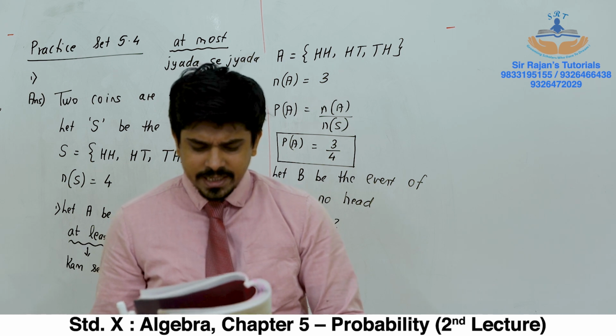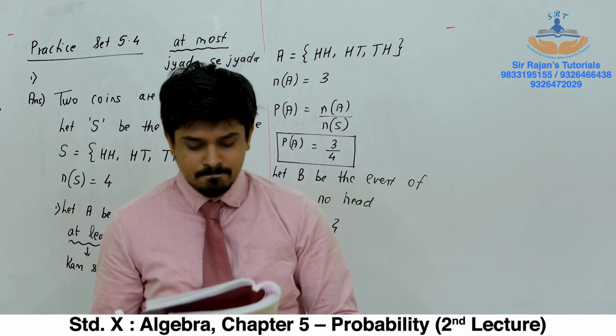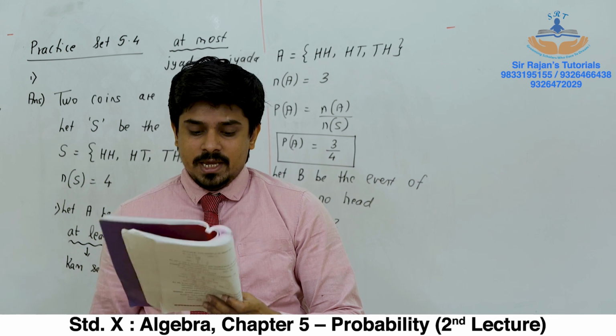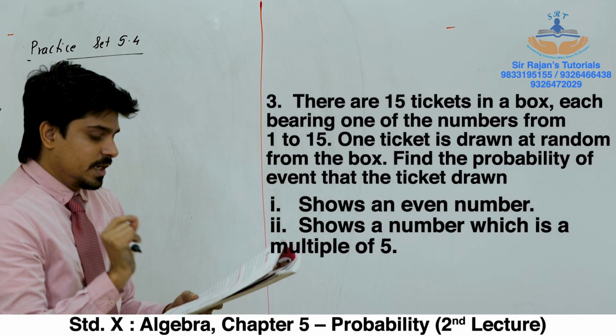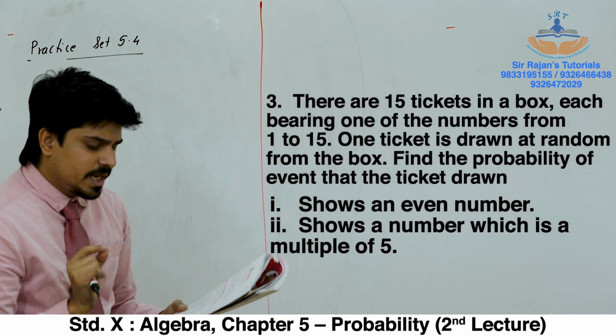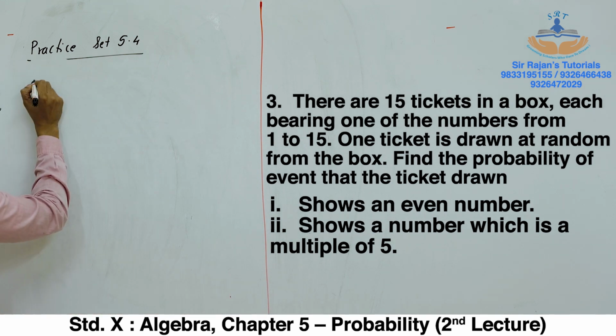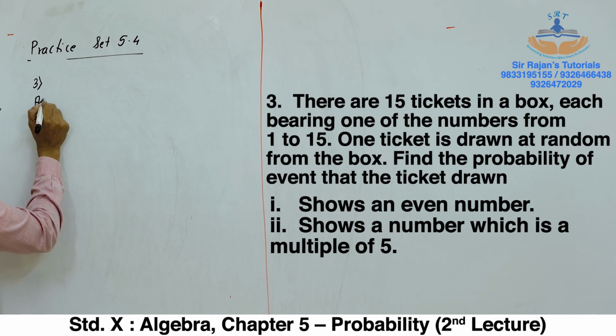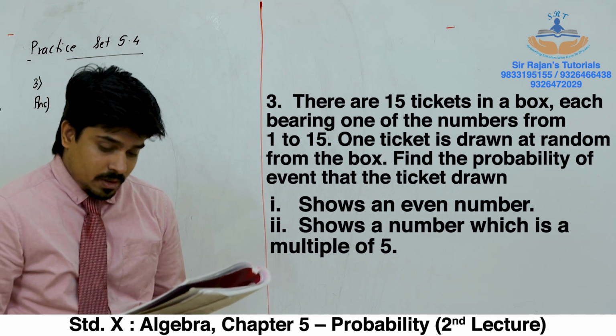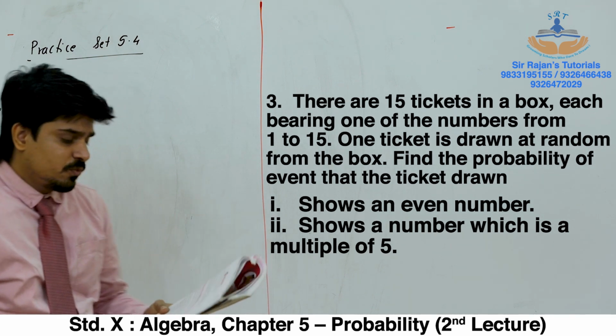Next, directly take question number 3. Question number 3 is what? There are 15 tickets in a box, each bearing one of the numbers from 1 to 15. One ticket is drawn at random from the box.